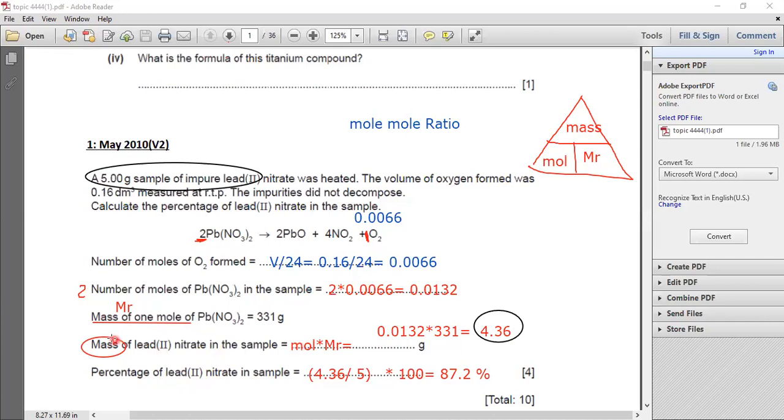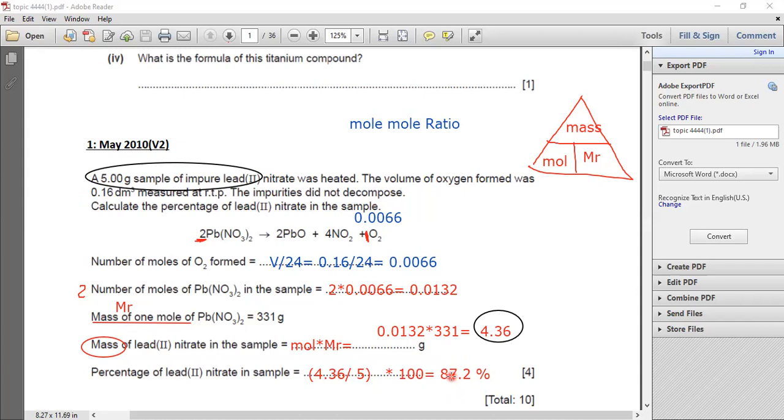In number 3, I found the mass of lead nitrate, but the sample is 5 grams. For percentage purity, always the small number will be up. 4.36 divided by the total mass, which is 5, multiplied by 100, equals 87.2%. Is it clear?